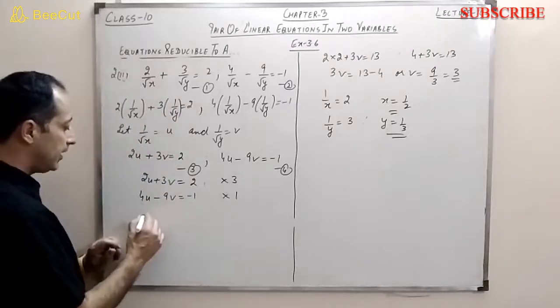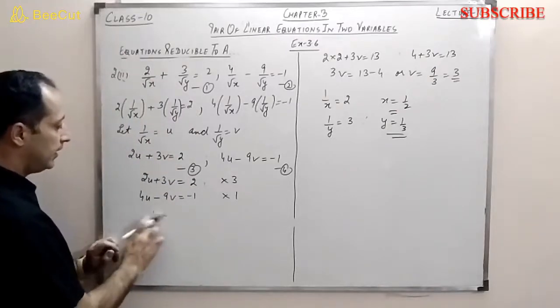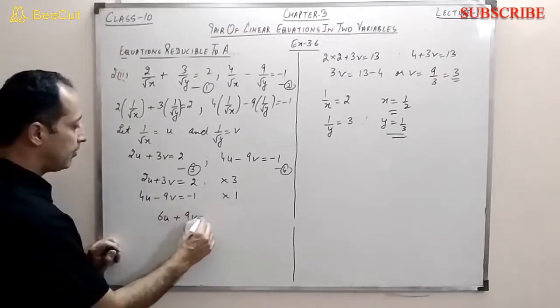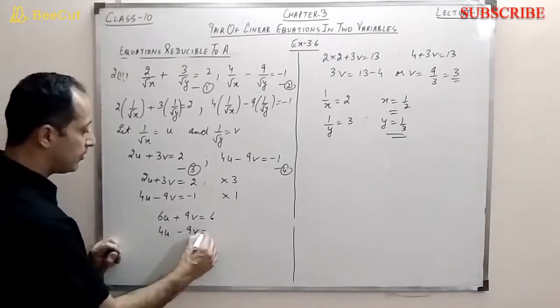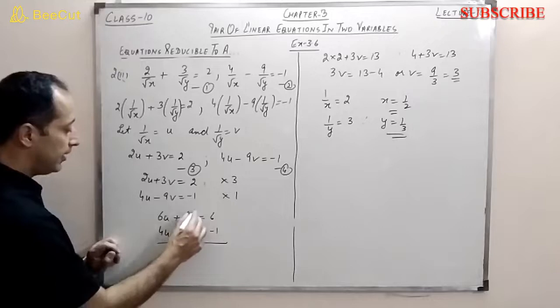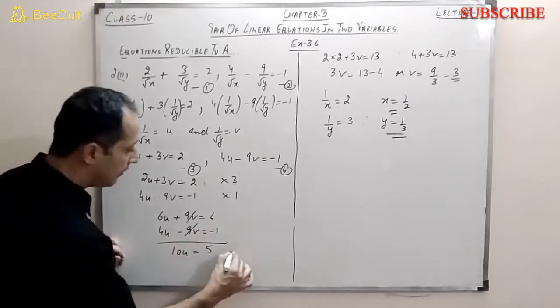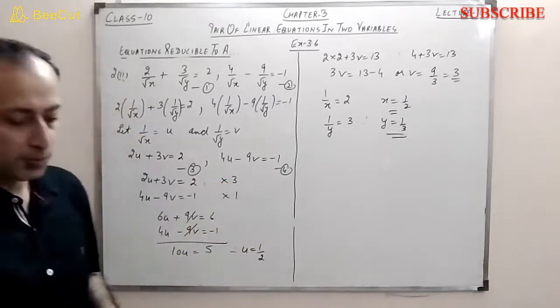So when I multiply, I get 6u plus 9v equal to 6, and then 4u minus 9v equals to minus 1. We cancel it out. This is 10u is equal to 5. Therefore, the value of u comes out to be 1 by 2.